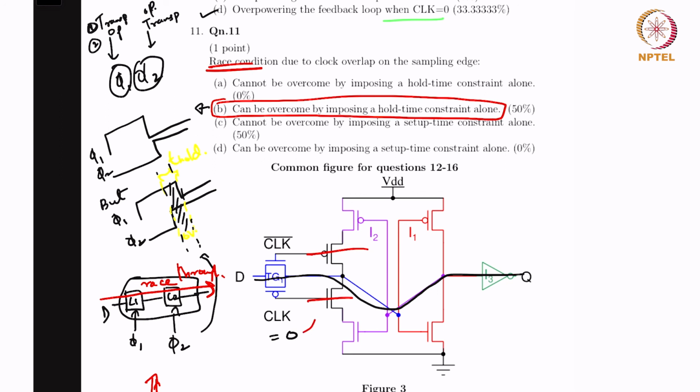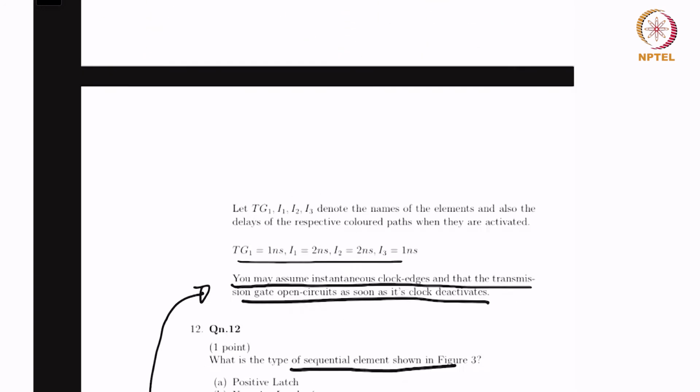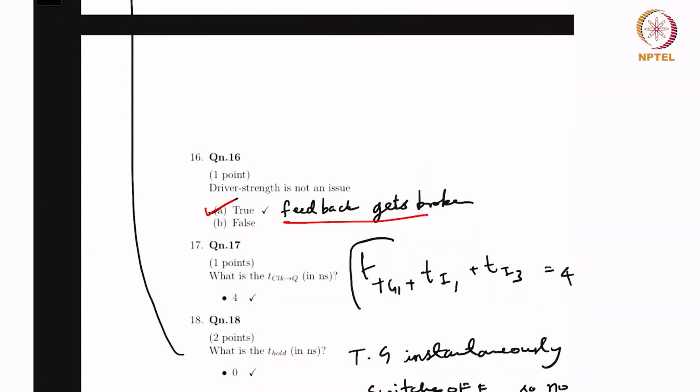As clock equal to 0, this NMOS is off, and this clock bar which is 1, and this PMOS is again off. So this path is broken. So there's just one path from here to the output, and therefore true is the right answer.